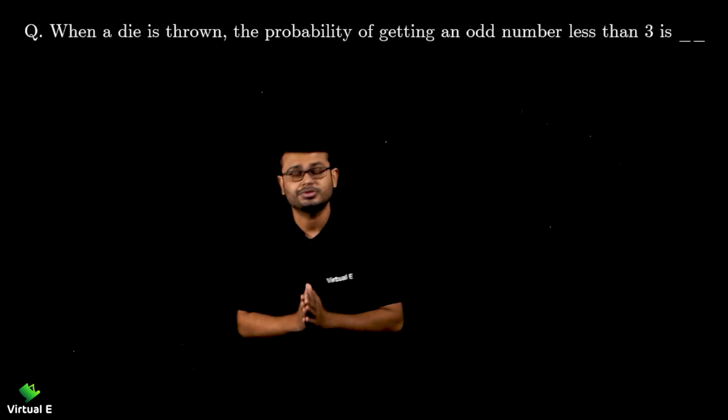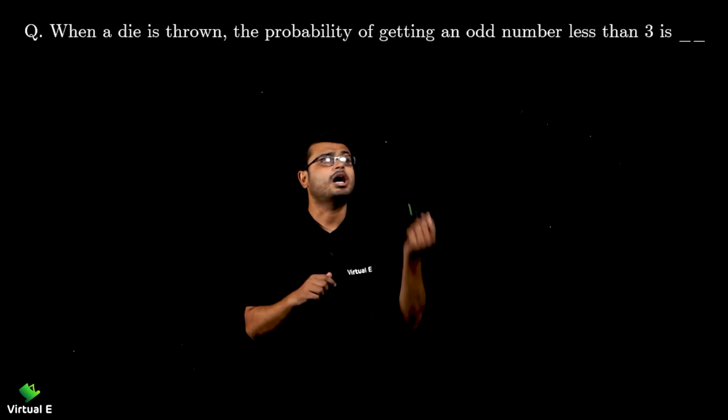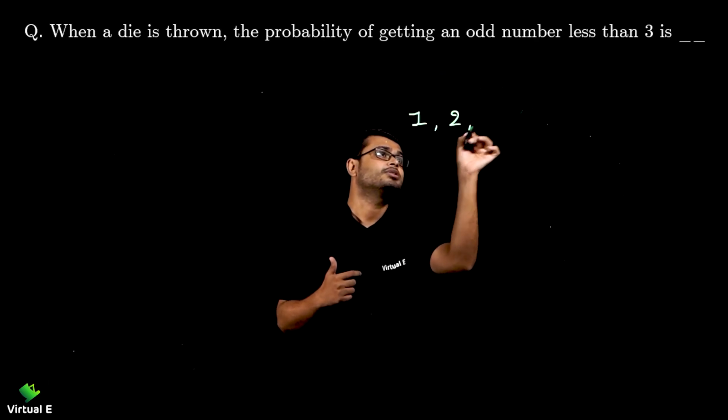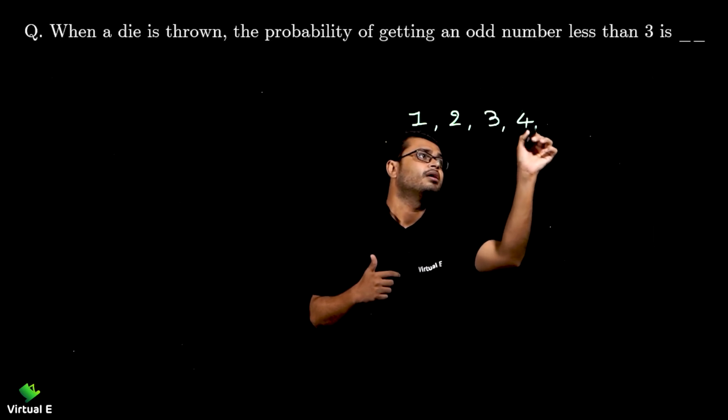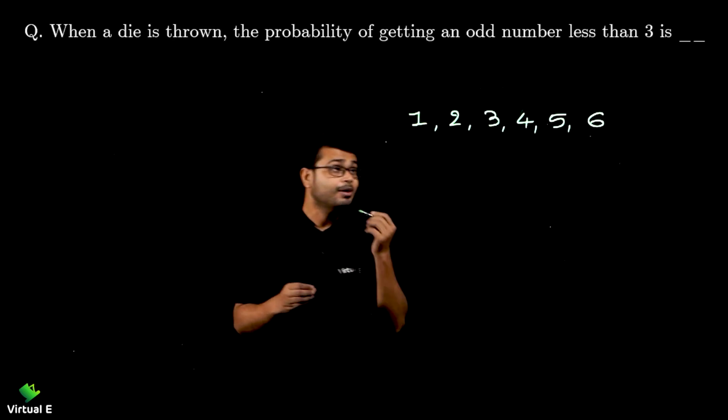Let's discuss the second question. When a die is thrown, find the probability of getting an odd number less than 3. Very simple. So let's start first of all with the outcomes. How many outcomes do we have when we throw a die? We have 1, then 2, 3, 4, 5 and 6. Done. Now what do we want to find?